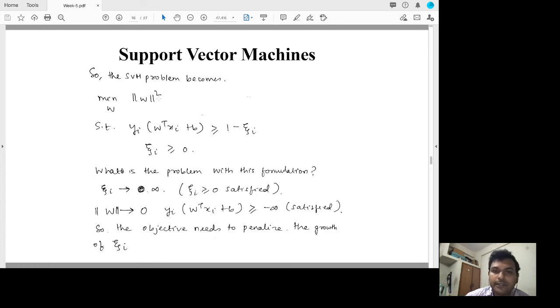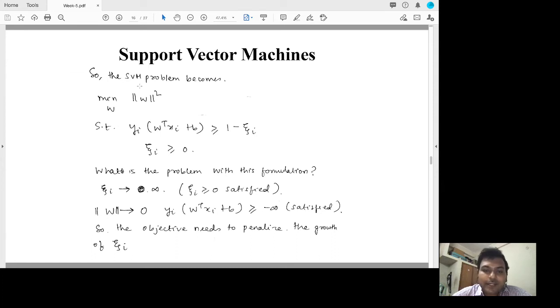It is 1. Why 1? Why can it not be 0? When xi tends towards infinity, how does the W norm tend towards 0? It can't be 0 because there are certain support vectors we are adding.